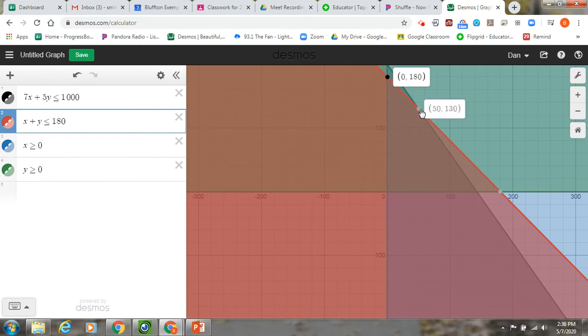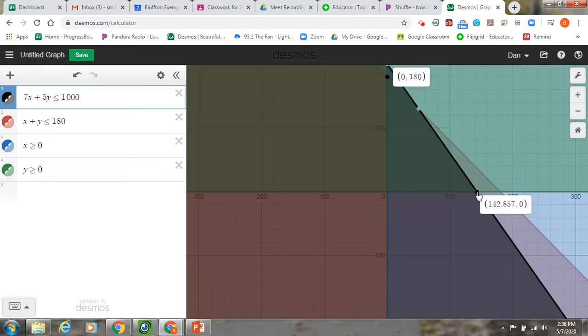They could make 50 t-shirts and 130 hats. Or they could make, it doesn't come out pretty, but we can't say 143, because it has to be less than. So they can make 142 t-shirts and no hats.